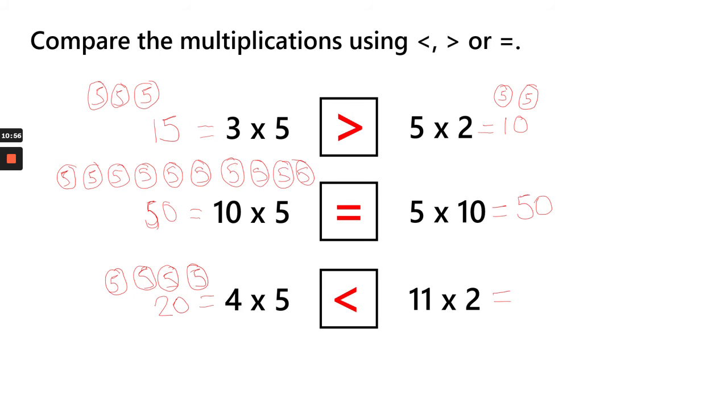Now you should know from your times tables of 2s with Mrs. Tarry that 11 times 2 is, shout it out, 22. Well done. And we know that 22 is greater than 20.